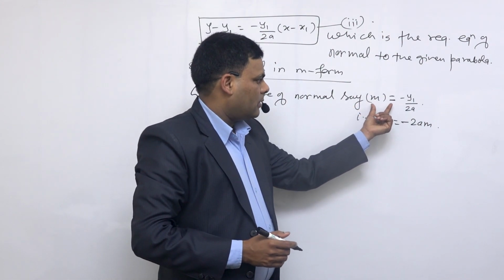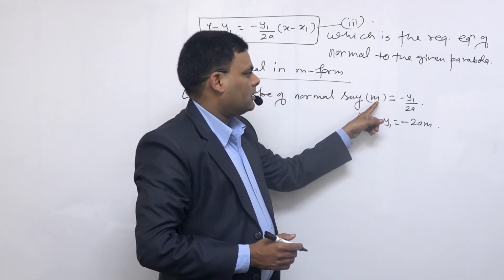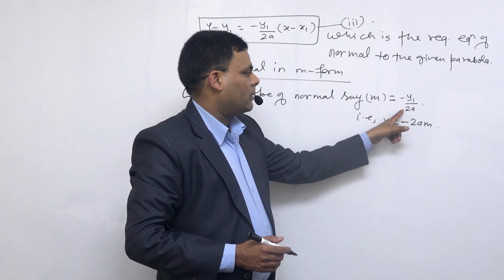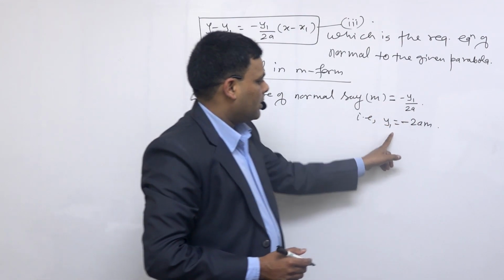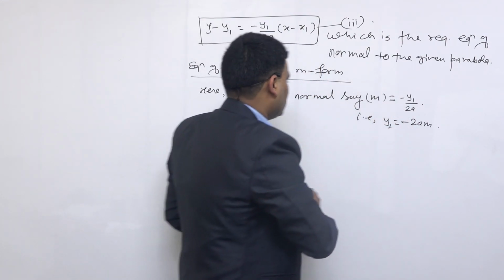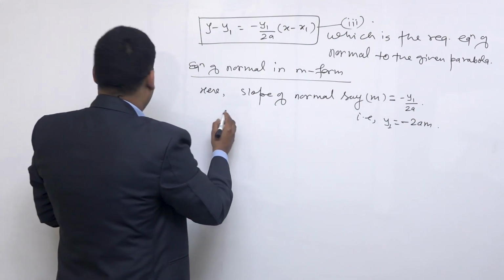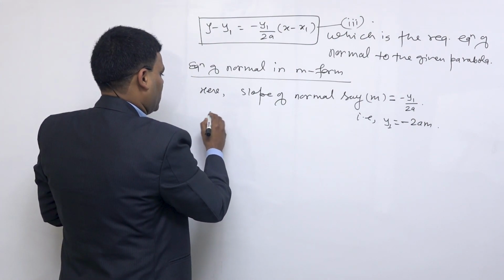While making cross multiplication, m equals to minus y1 by 2a, cross multiplying gives y1 equals to minus 2am.